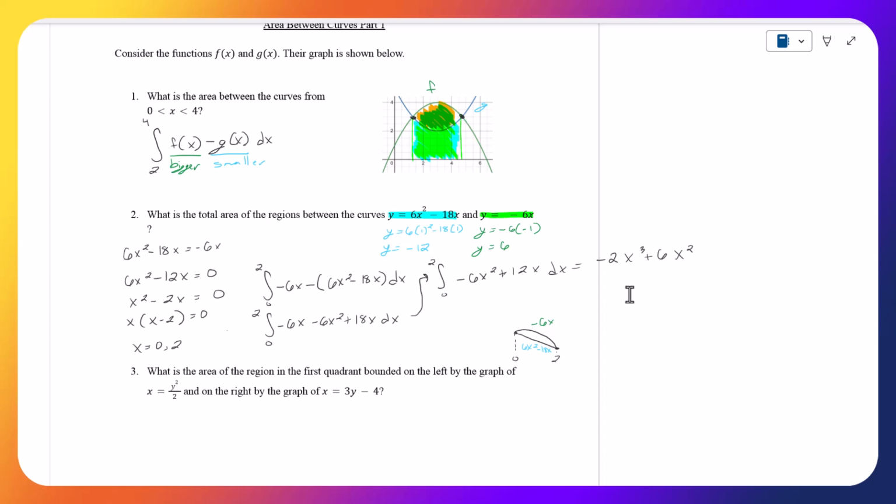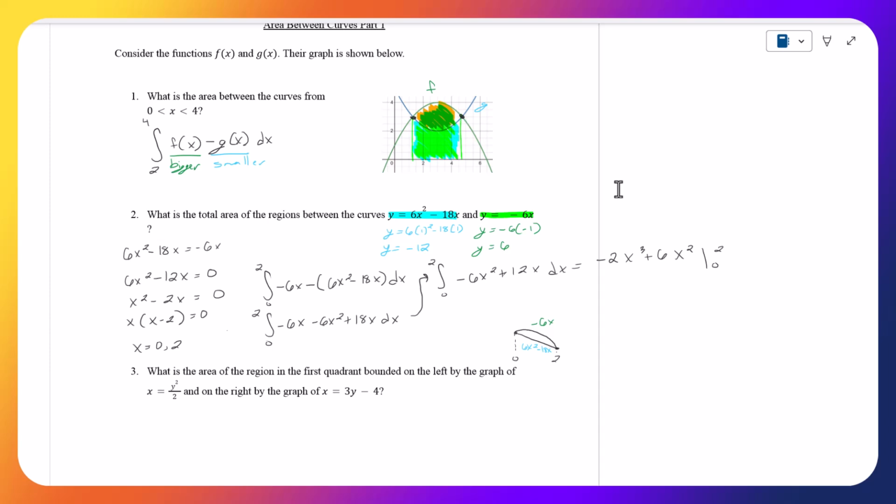And we're integrating from 0 to 2, which is a very nice integral because hopefully we can clearly see that this 0 is just going to go away, so all I care about is the 2. But I'll probably write out the whole thing so we can see it. That's negative 2 times 2 cubed plus 6 times 2 squared, minus all of our negative 2 times 0 cubed plus 6 times 0 squared.